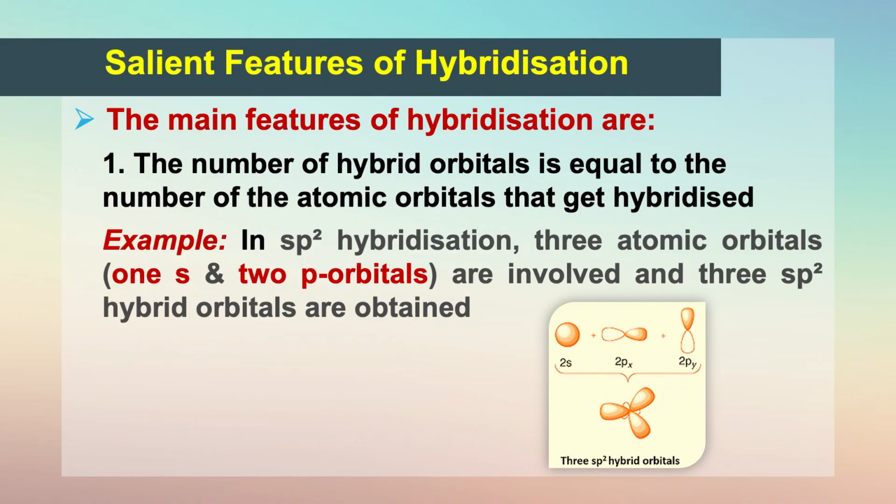For example, in sp2 hybridization, three atomic orbitals, that is one s orbital and two p orbitals, are involved, and as a result three sp2 hybrid orbitals are obtained. Look at the illustration: one s orbital and two p orbitals can be seen there. They hybridized together, mixed together to produce the three sp2 hybrid orbitals, which are arranged at the three corners of a triangle.